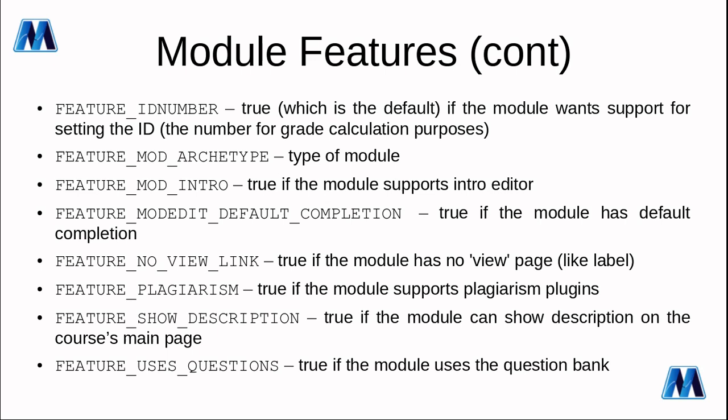Feature, if we want the support for ID number, that is default true, so that normally will happen anyway if you don't specify anything. So really you'd only want to do that if you wanted to set that to false. And then feature, the archetype, which we'll discuss a little later on, which we've talked about in the code that we've already done.